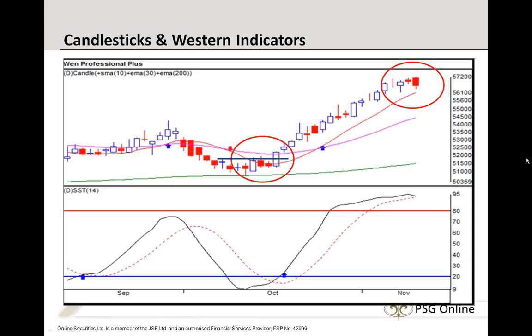Alternatively, connecting the real bodies. I like to use the bar charts or the candlesticks for the extreme ranges, and then use the line charts for connecting closed lines also. So there's two ways. I would suggest you experiment, and you decide which is better for you.